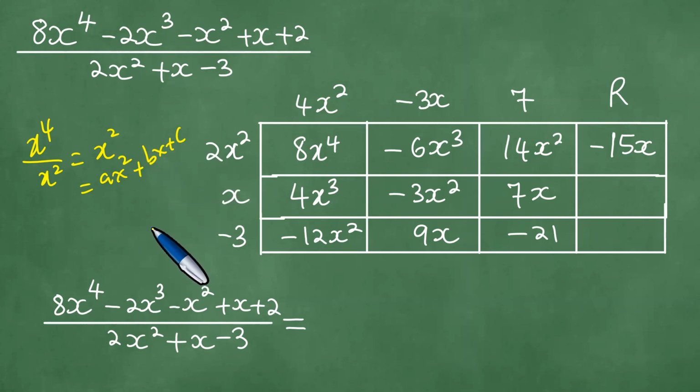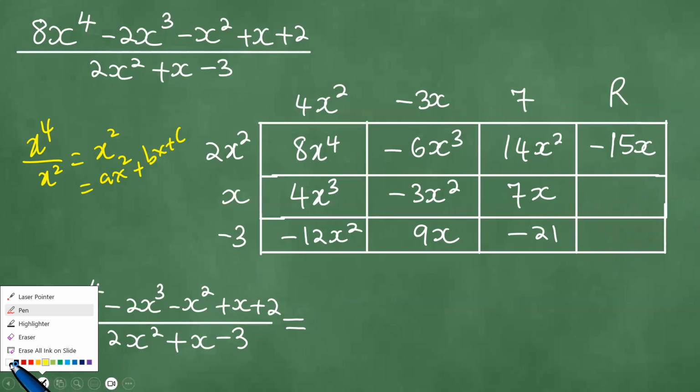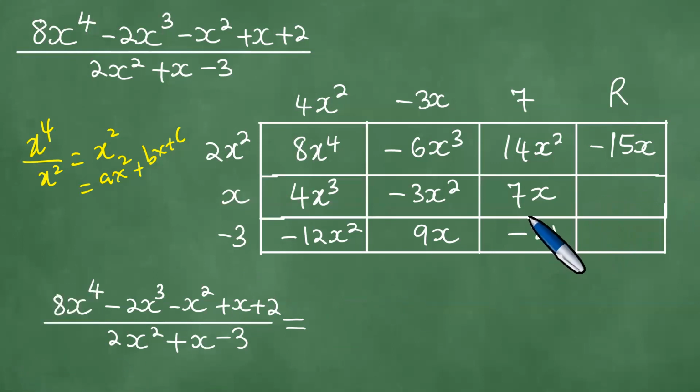If this is the case, it means we need a column for the ax squared, a column for the bx, a column for the c, and therefore the other column is the remainder column. Okay, good. We're good.